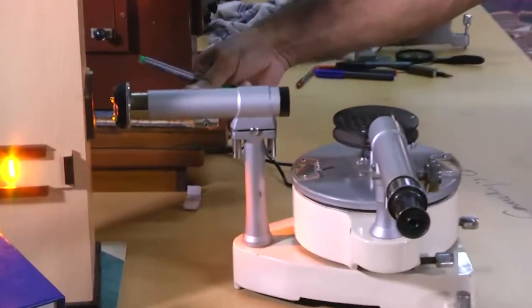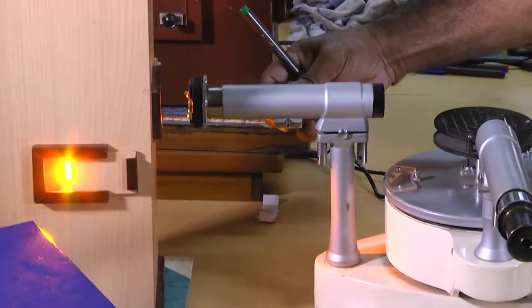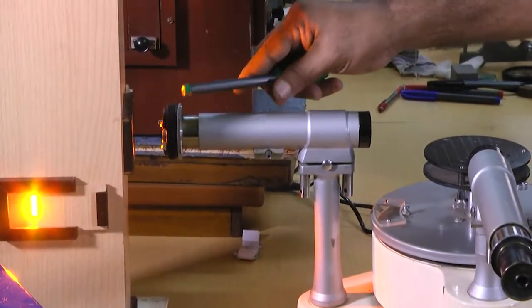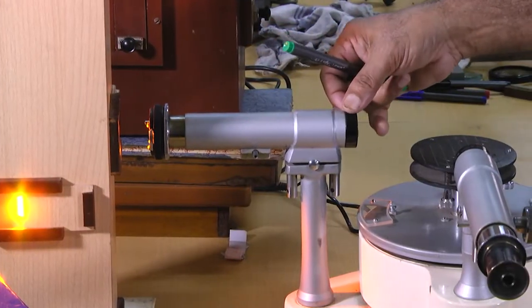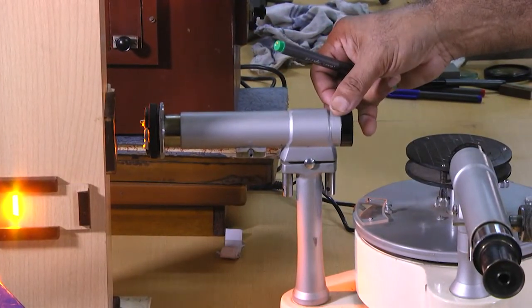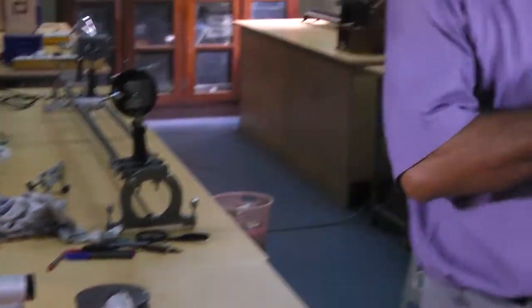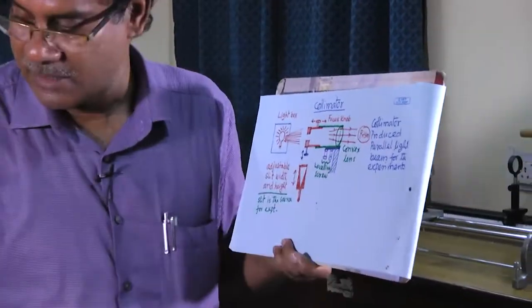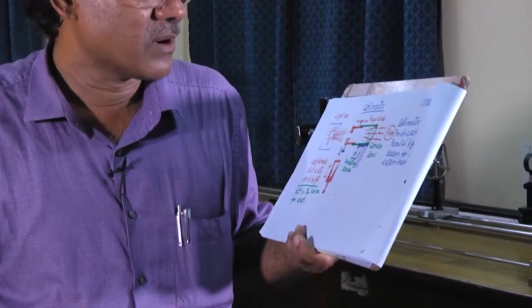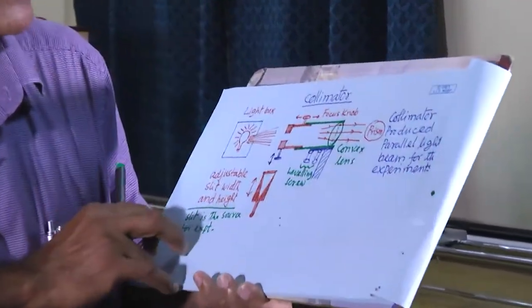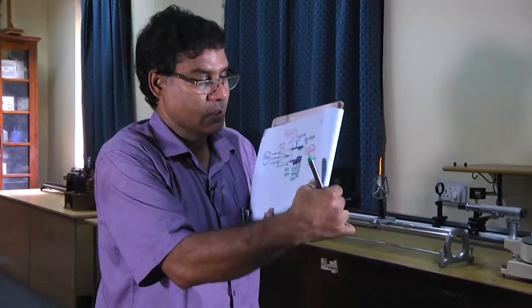And the idea is to put this slit at the focal point of the collimator lens, okay. So now parallel rays will come and then fall on the prism, whatever is required for the experiment. Then come to the telescope, okay.